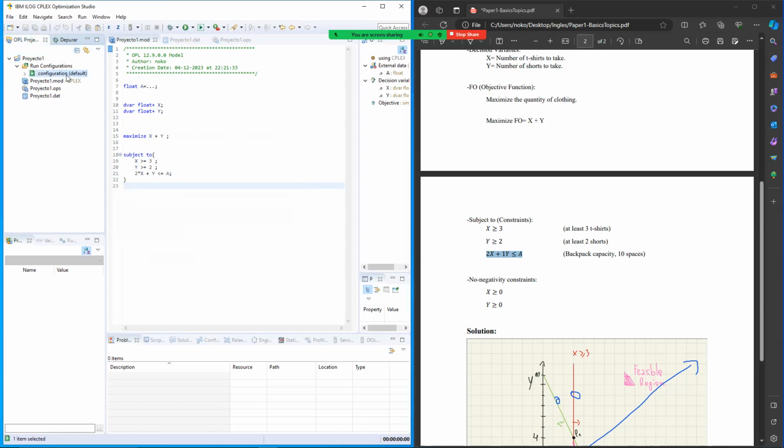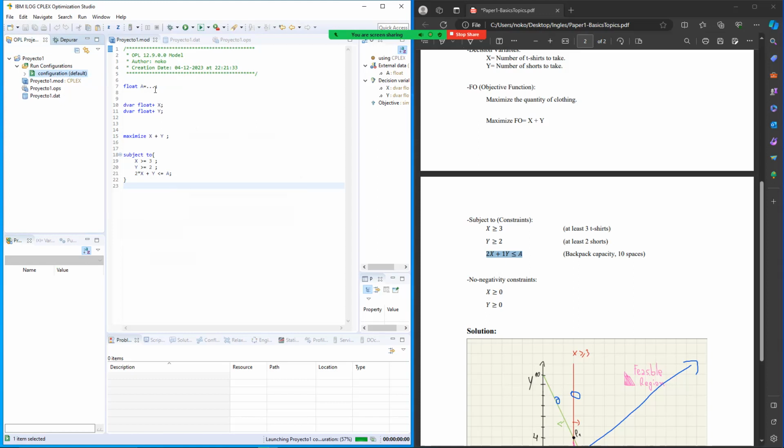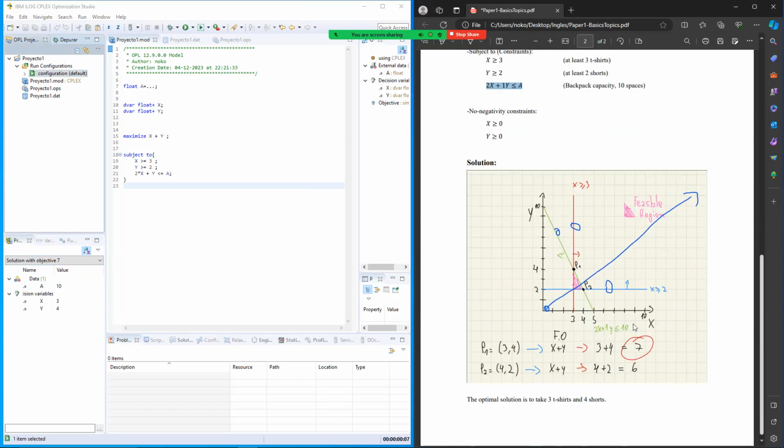Okay, then right click and run this, and we get a solution with objective 7. And if we look at the paper, it is 7 too.